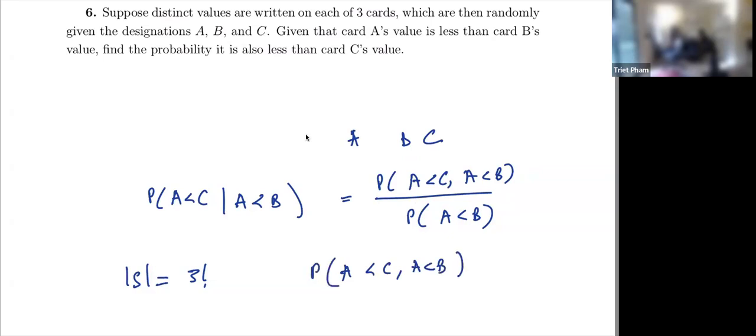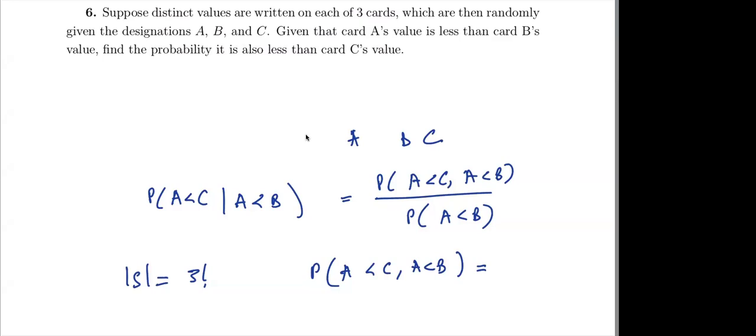What would this be? How many ways can A be less than C and A less than B? Two ways. Good. C less than B or greater than B.